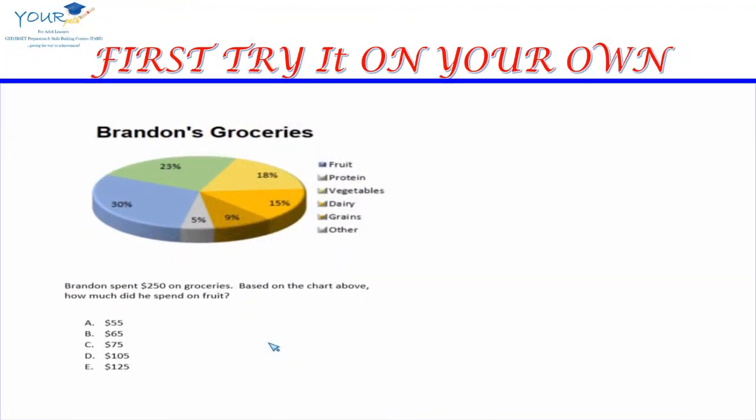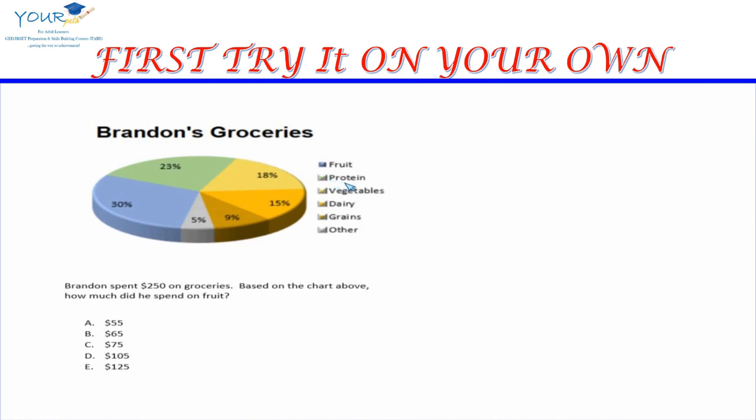So now, in order to answer this particular question, the first thing that you want to do is make sure that you familiarize yourself with the chart. As we see, this is Brandon's groceries. We can see that his groceries are distributed per percentage. Fruit is 30%, indicated by blue.